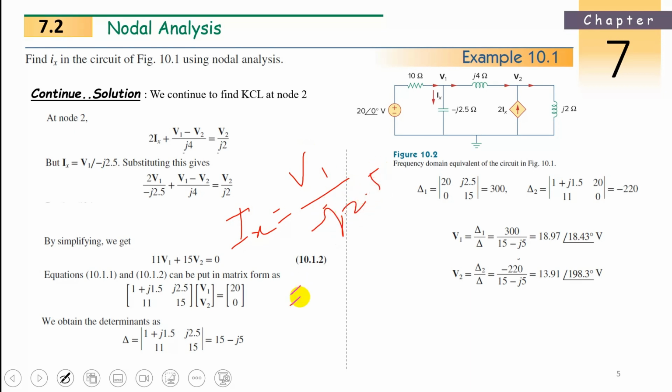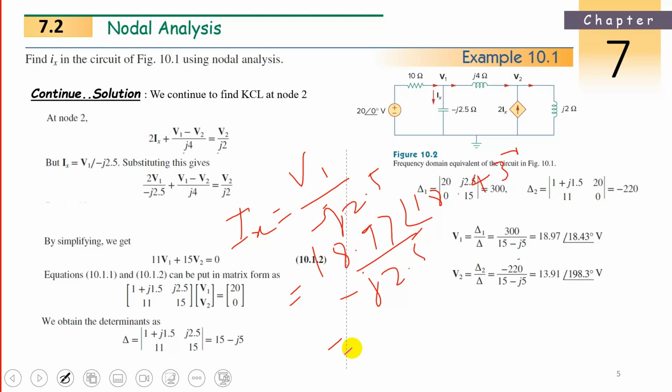So substitute V1: 18.97 at an angle 18.43 divided by minus j2.5. Now convert this minus j2.5 into polar form. What is the polar form of minus j2.5?